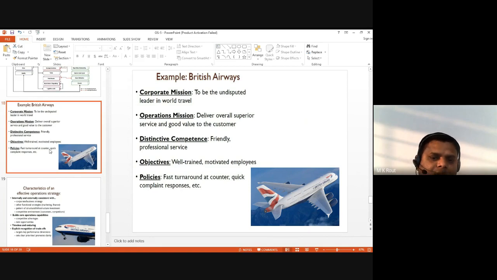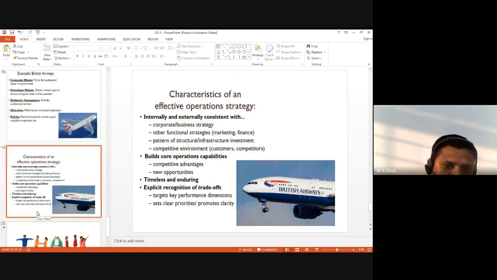In case of objectives, well-trained and motivated employees. In case of company policy, fast turnaround at counters, quick complaint response, etc. The characteristic of operational strategy is that it is internally and externally consistent with corporate business strategies. And the next part is other functional strategies like marketing and finance.